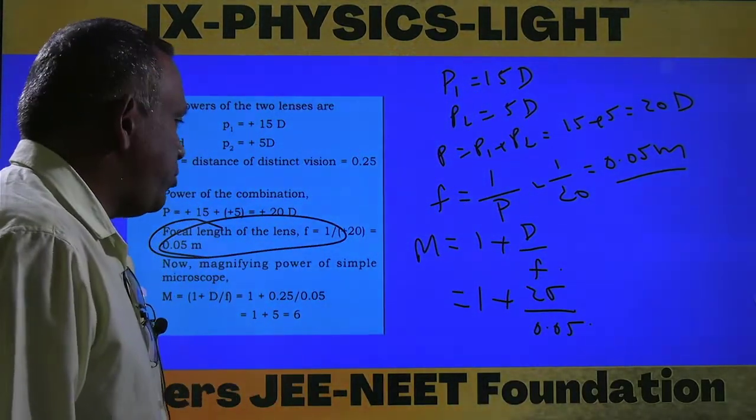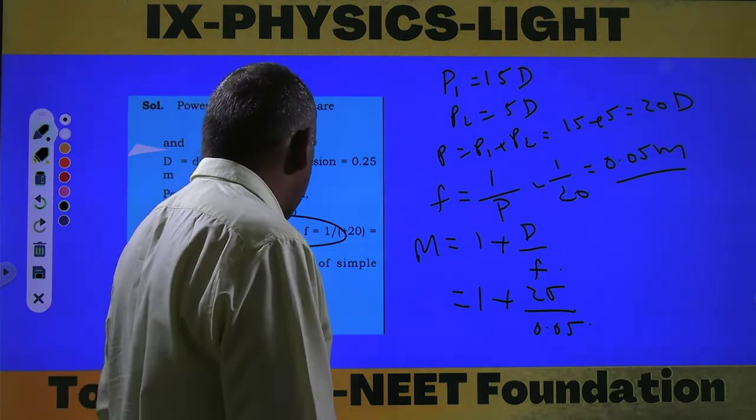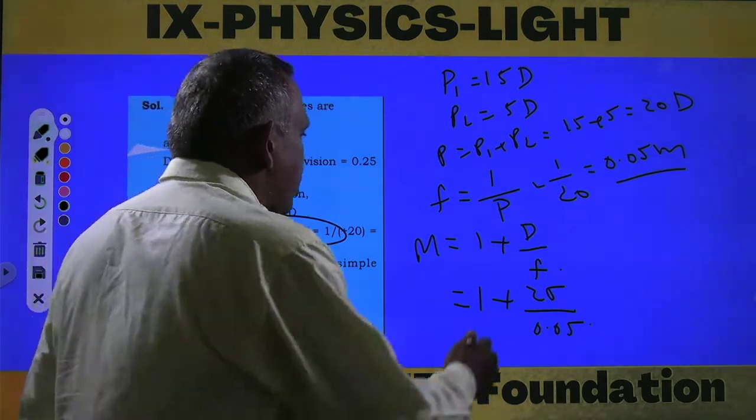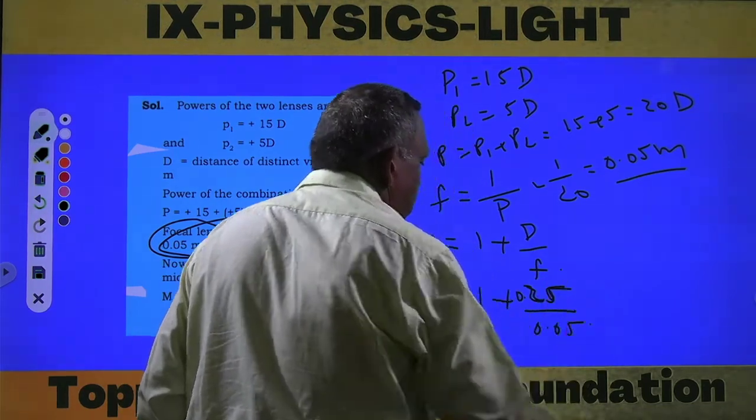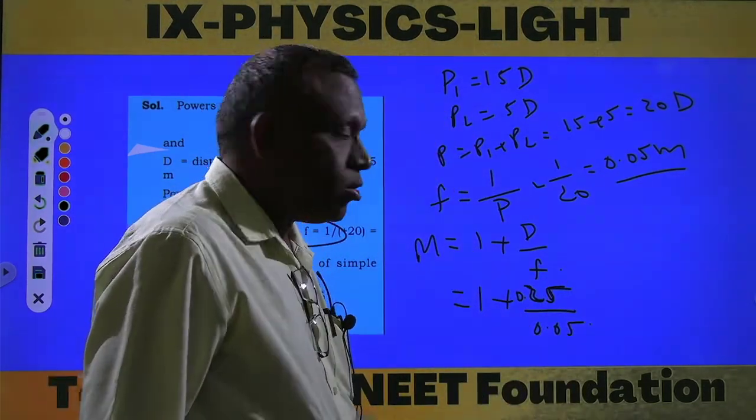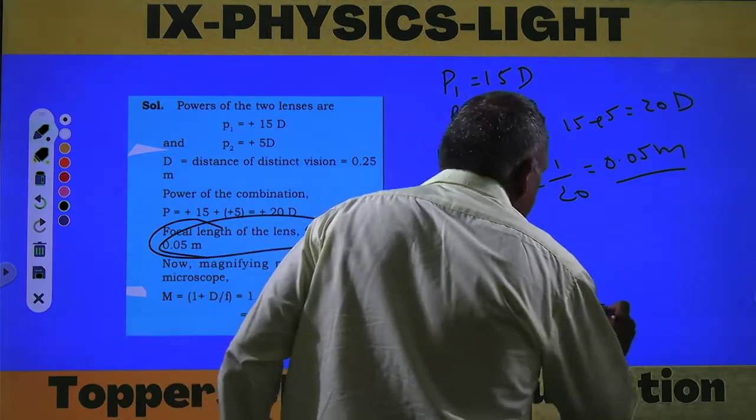So 25 centimeters in meters is 0.25. So it is 0.25 upon 0.05. The magnifying power is 6.